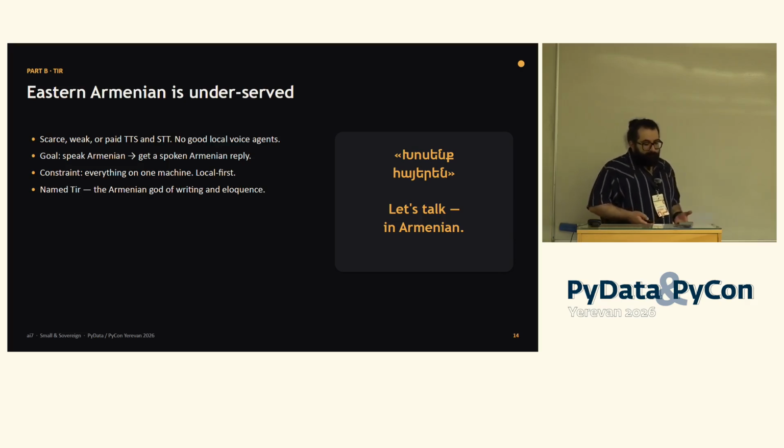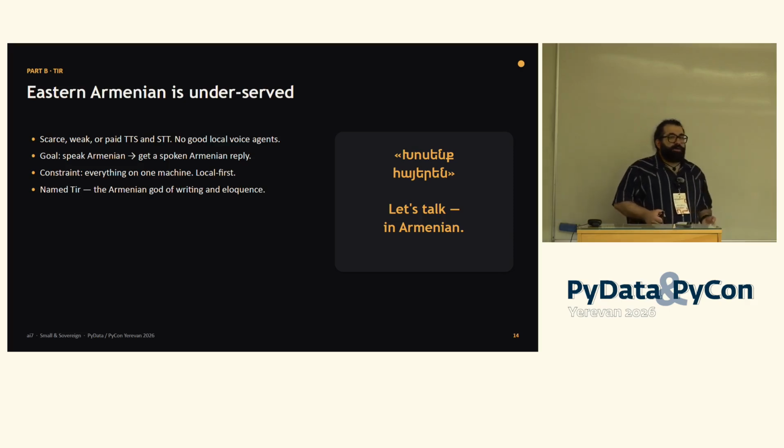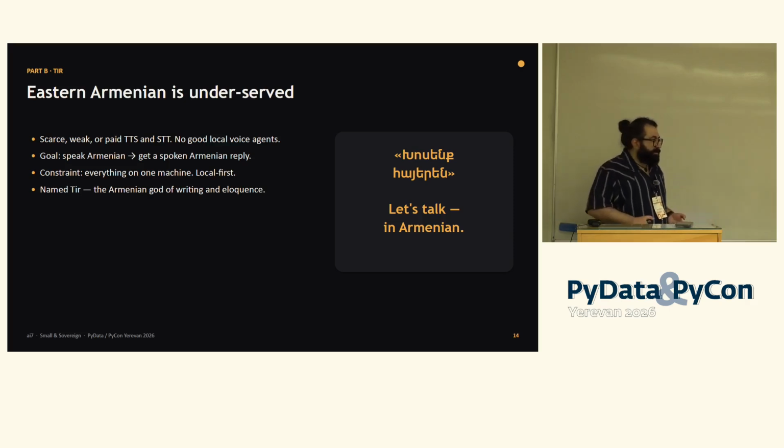So we know that some languages, Armenian is one of them, are very hard for models to understand because of their grammar, because of their linguistic system.